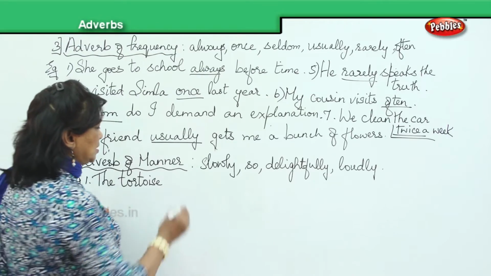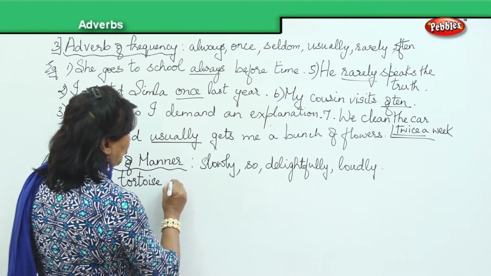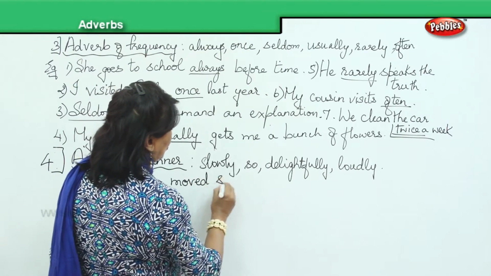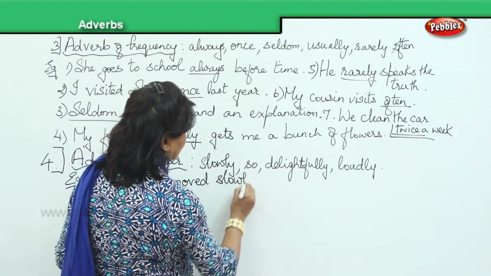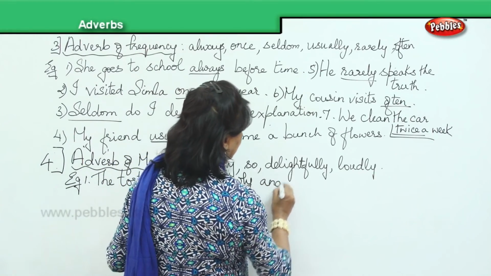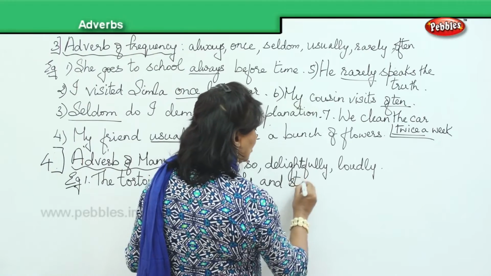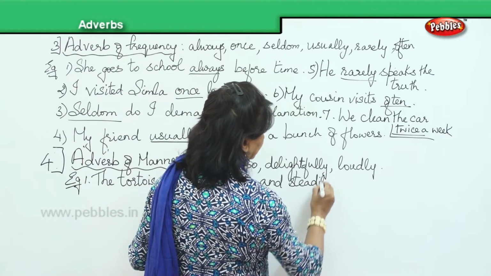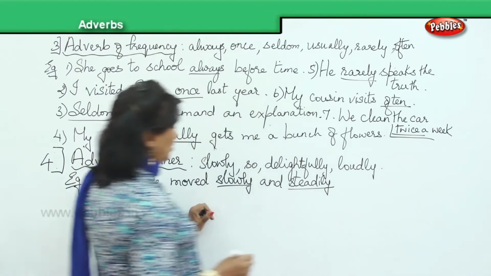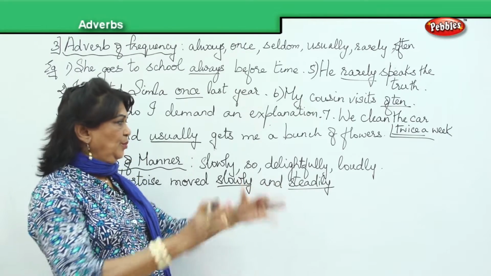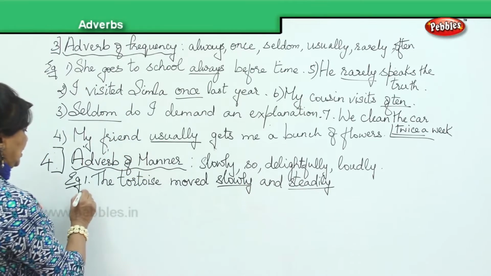So the tortoise moved slowly and steadily. Steadily also is an adverb of manner. Okay, it describes the manner in which the tortoise moved.